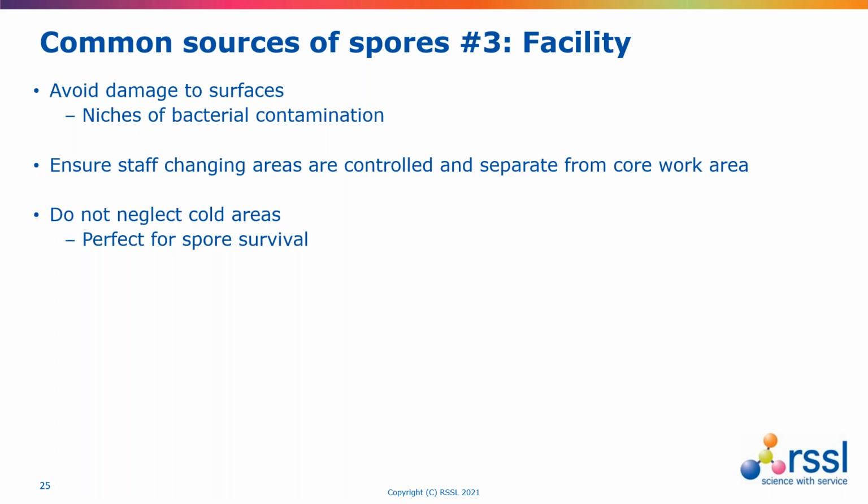And it shouldn't automatically be thought that areas like cold rooms are at a lower risk, because most species of bacillus will survive in cold temperatures, and some are even capable of growth. So going back to Bacillus cereus again, it is psychrotrophic, so it can continue to grow at 2 to 8 degrees Celsius.